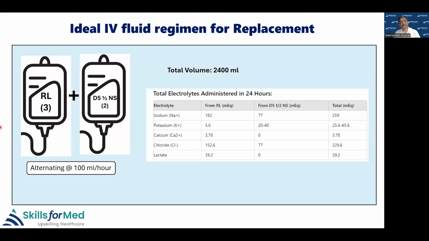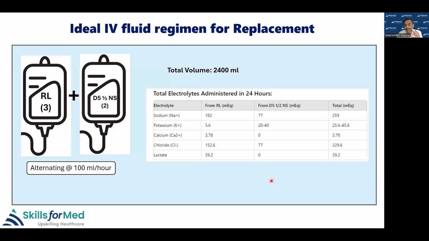So the ideal IV fluid regimen will actually be Ringer's lactate and dextrose with half normal saline. If you say give it at 100 ml per hour, you will be giving 2,400 ml over 24 hours. This is what the patient will get: about 260 milligrams of sodium, about 25 to 45 milligrams of potassium, calcium 3.78, chloride almost equal, and lactate around 40.